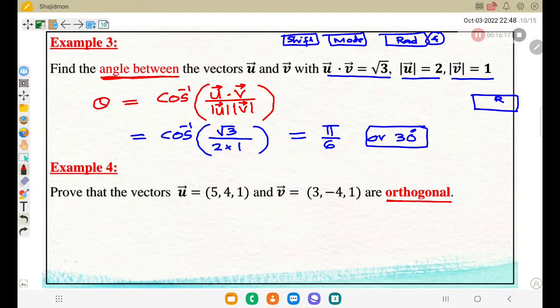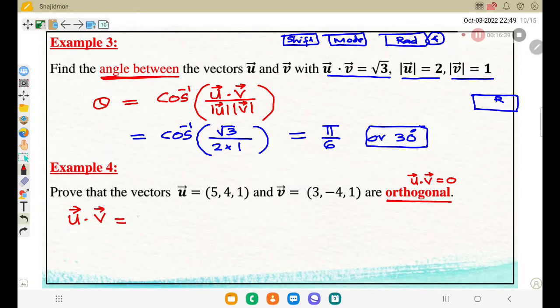You know that one. Orthogonal means what answer will we get? Vector u dot vector v, you will get 0, correct? This is the meaning. So we will just check the dot product of these two vectors. If you get answer 0, the two vectors are orthogonal or perpendicular. So I am calculating what is vector u dot vector v.